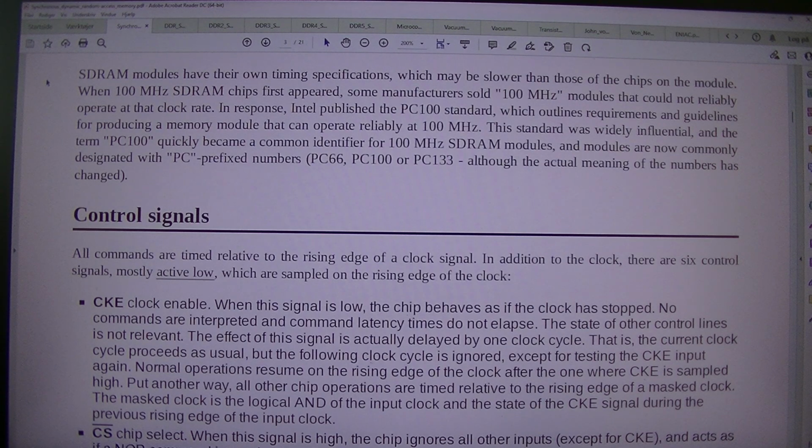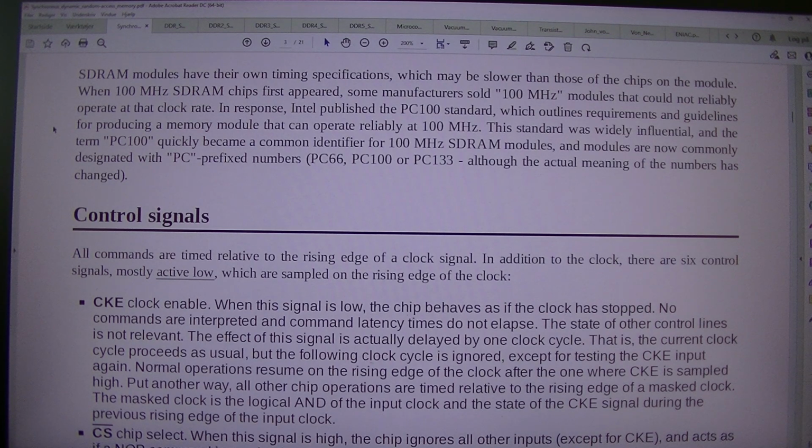When 100 MHz DRAM chips first appeared, some manufacturers sold 100 MHz modules that could not reliably operate at that clock rate. In response, Intel published the PC100 standard, which outlines requirements and guidelines for producing a memory module that can operate reliably at 100 MHz.